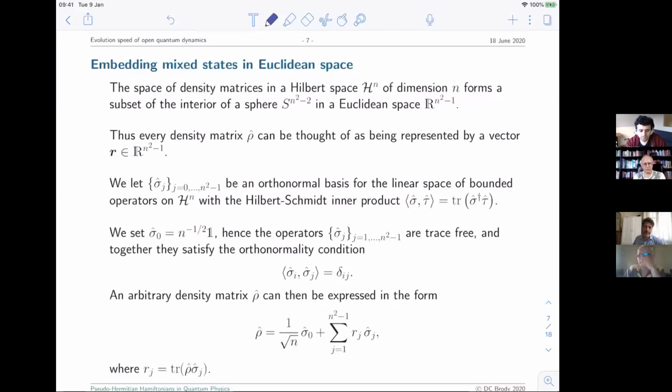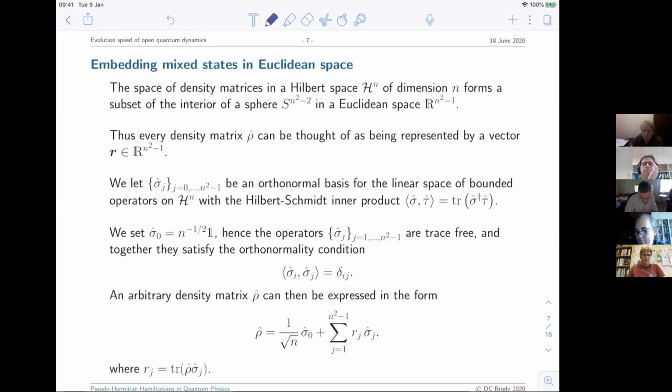So rather than working in Hilbert space, we decided to work in the L1 space, or if you like, Euclidean space. Now, the idea is as follows. If you take a density matrix, it turns out that the density matrix occupies a certain region inside of a large Euclidean space, R^(n²−1).